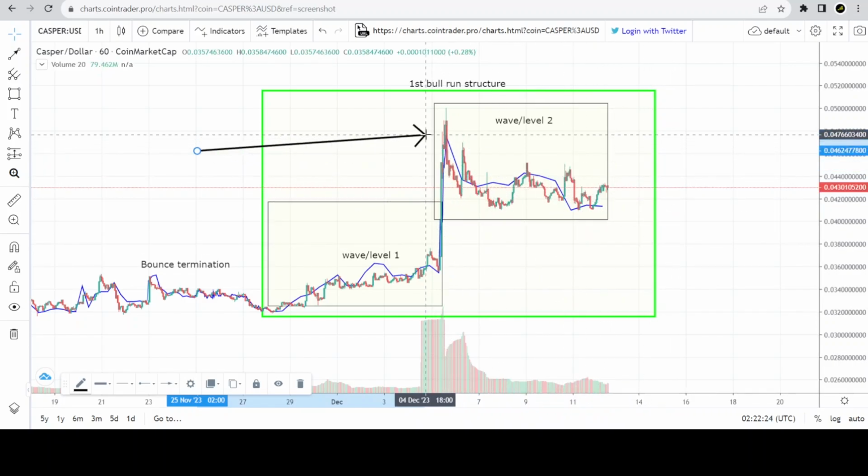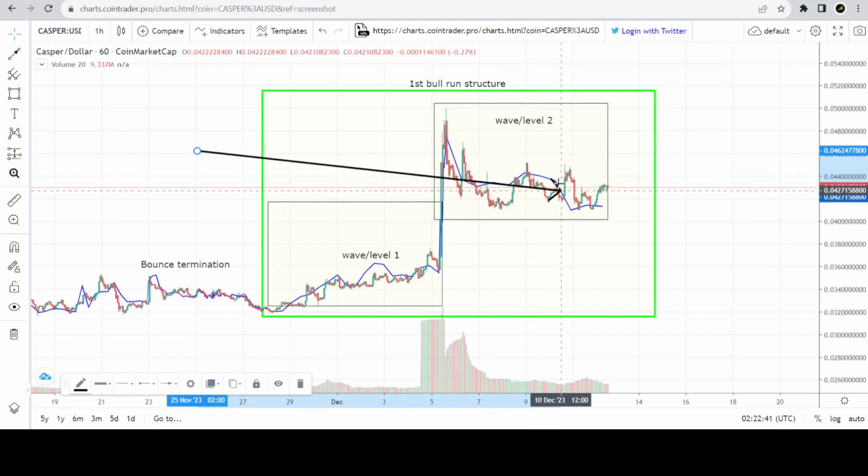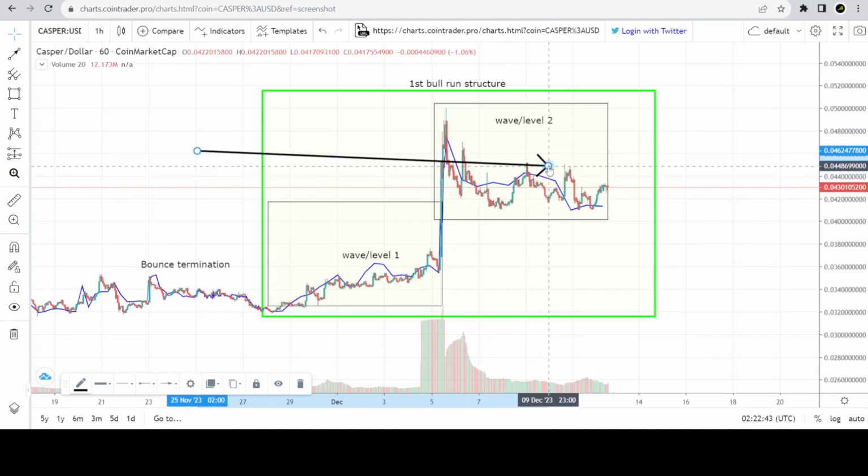All this is just part of the course of the Casper bull run structure. The Casper bull run structure starts off slow with these type of moves up and consolidation. As it progresses into the bull run structure, the move ups become more extreme and the pullbacks also become more extreme.